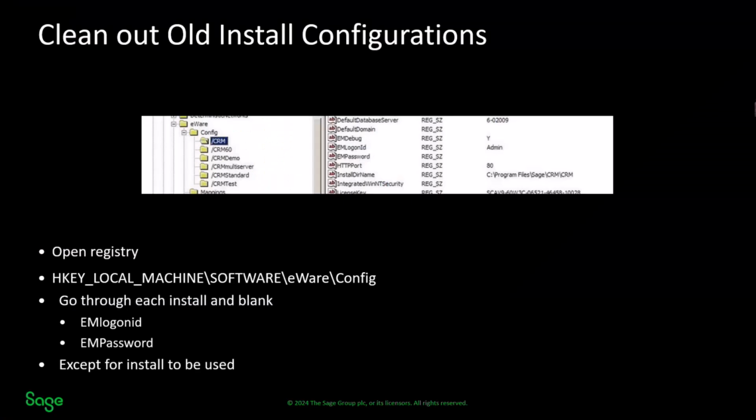But it does mean that you may need to look through the config area for CRM within the environment and remove any old references to the EM credentials that are stored there.